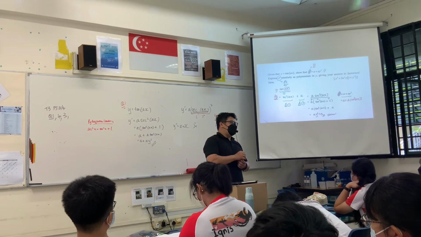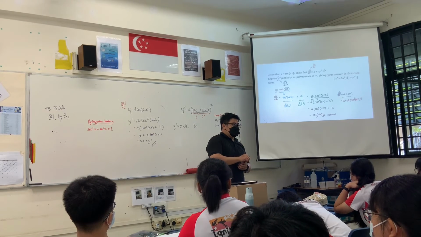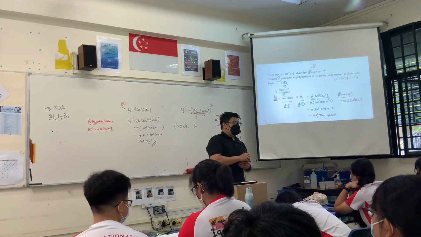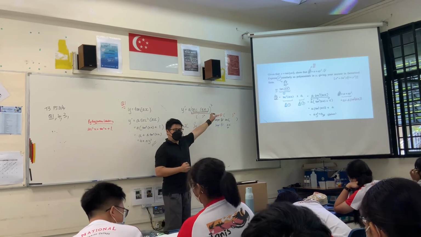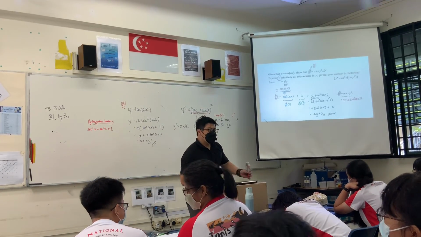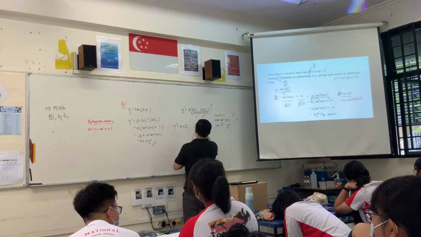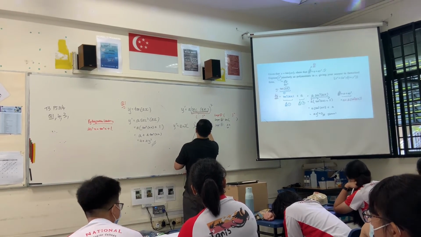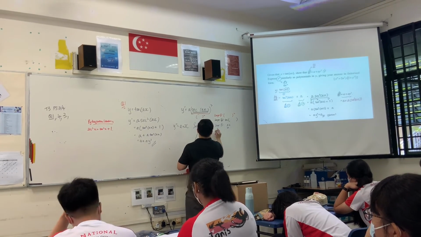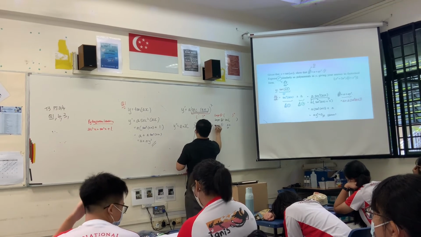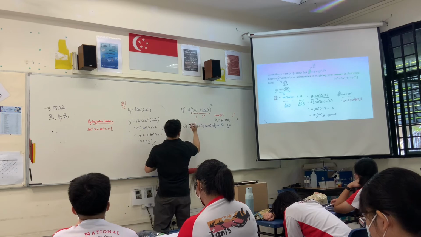Beatrice, okay. Differentiate secant. Secant tangent, right? Secant ax tangent ax. Followed by layer 3, that will just leave me a. So this is 2 secant ax.